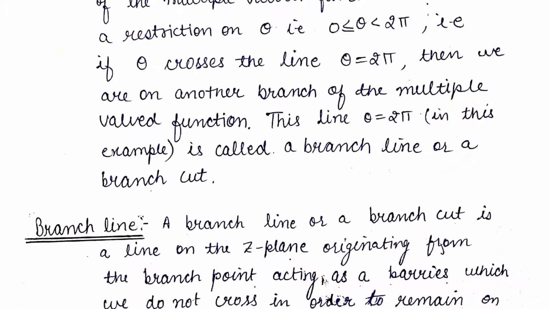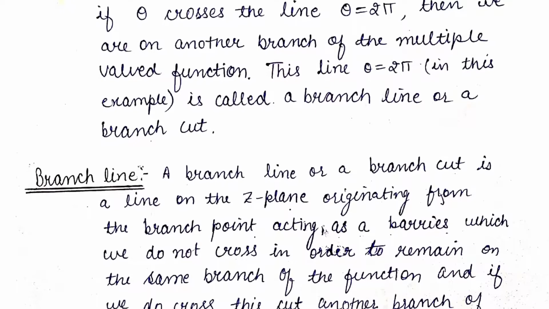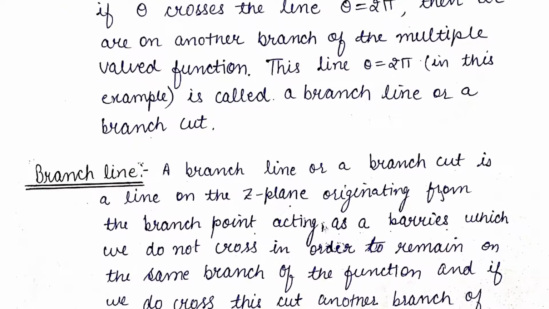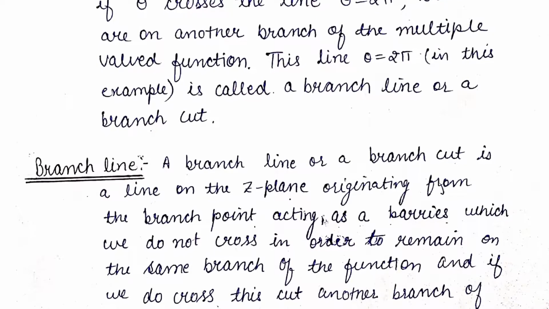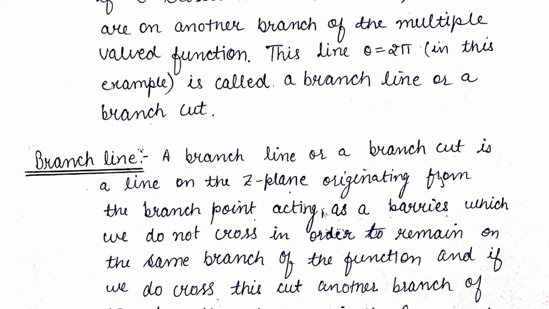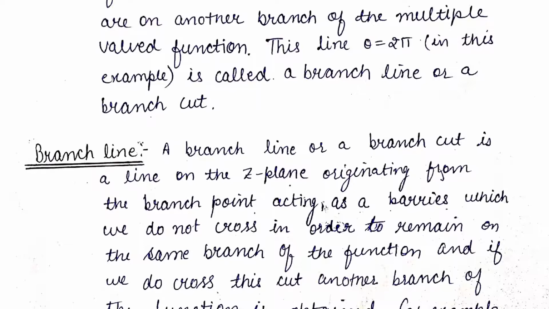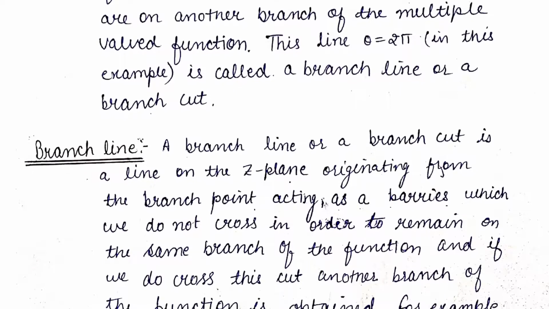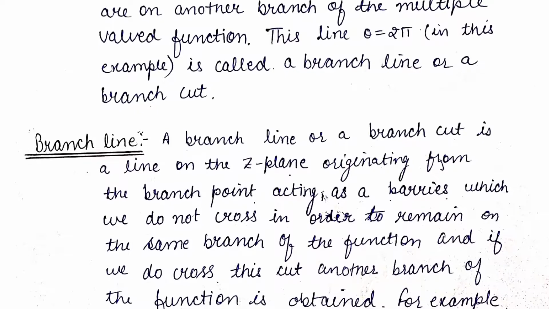After that, there is another concept of branch line. So what is a branch line? A branch line or a branch cut is a line on the z-plane originating from the branch point, and the line acts as a barrier which we do not cross in order to remain on the same branch of the function.